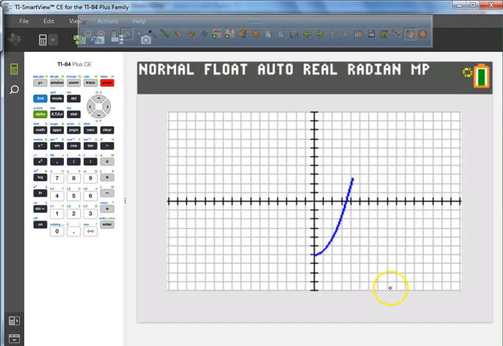Now I'm going to graph. Do you guys see how that works now? So this has a restricted domain.